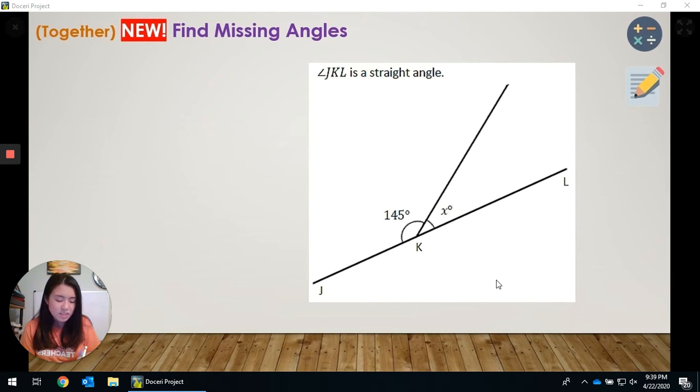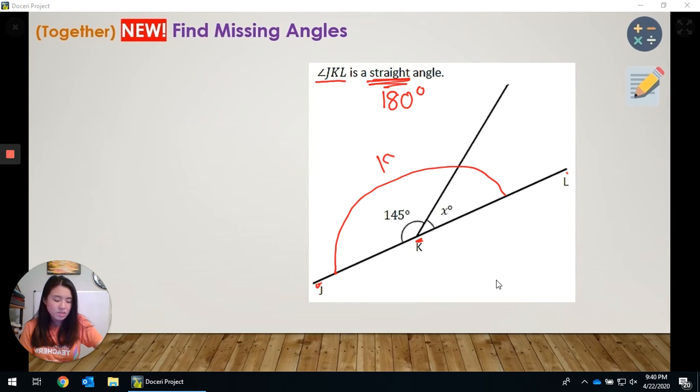So first things first, they said angle JKL is a straight angle. Look at your notes. Straight angle means that it is 180 degrees. So I'm going to mark that on my model here. JKL. So from here all the way to the other side is 180 degrees.